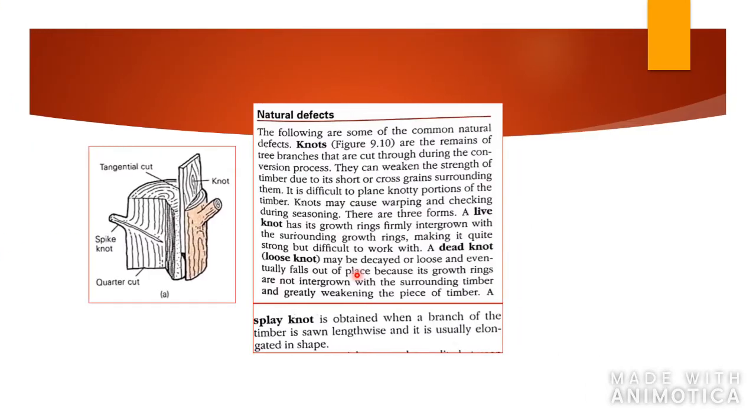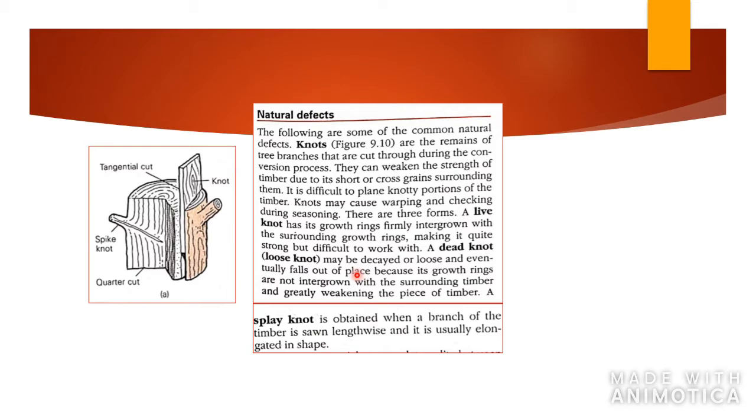So the natural defects are those things such as the knots, the bowing, and so on. As you can see, this is a knot right here. You have a spike knot, you have the quarter cut, and you have the splay knot. A loose knot is the same type of knot that you see right here.